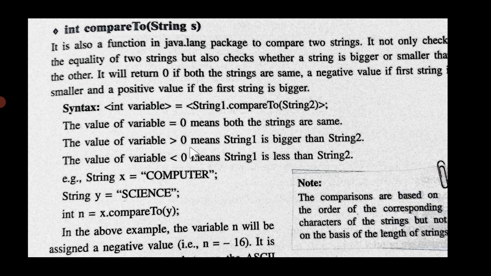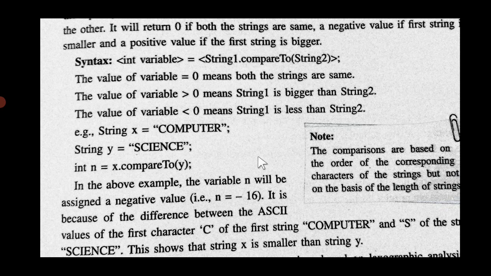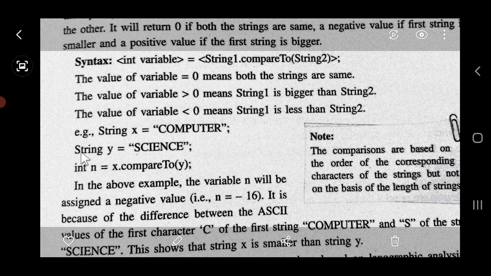If the value is greater than 0, string1 is bigger than string2. If the value is less than 0, string1 is less than string2. So here we go with the example, you will have a better idea. Students, here you can see one string x is there, it contains computer, and then string y, it contains science.